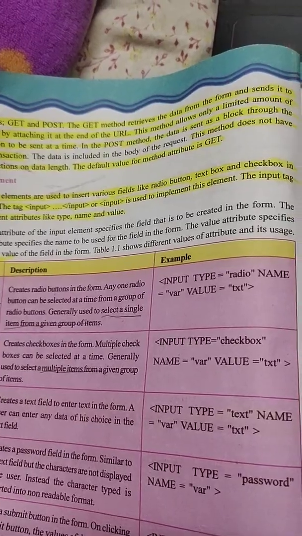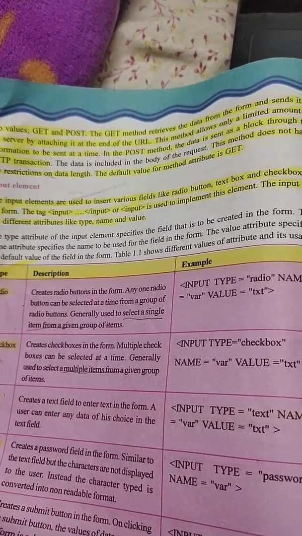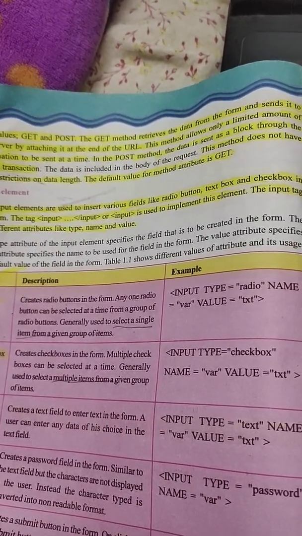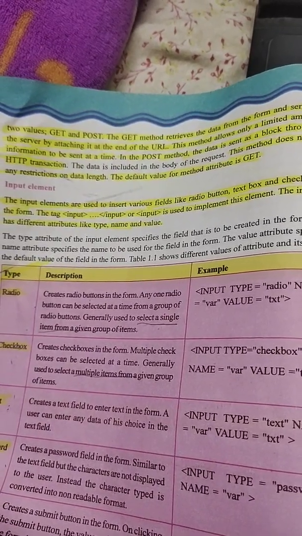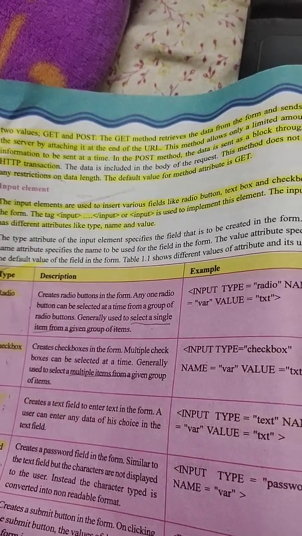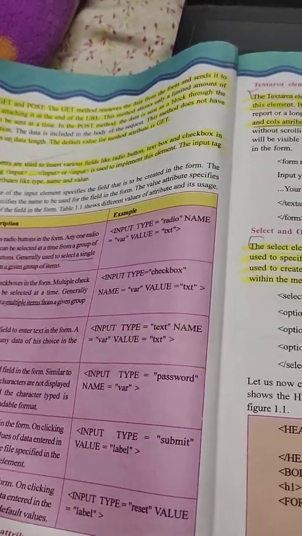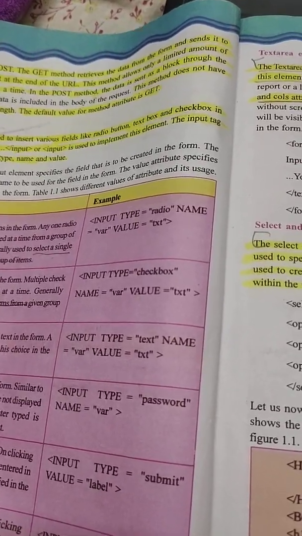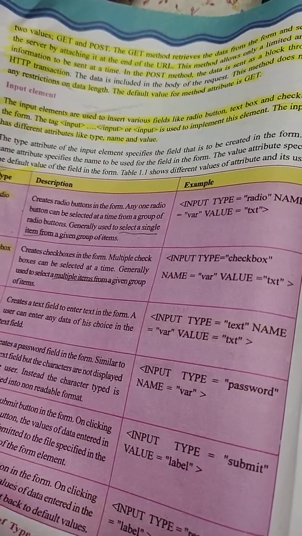This method allows only a limited amount of information to be sent at a time. In the post method, the data is sent as a block through the HTTP transaction. The data is included in the body of the request. What does it mean? Get sends to the URL and post sends directly. These are the two methods which are used in form.